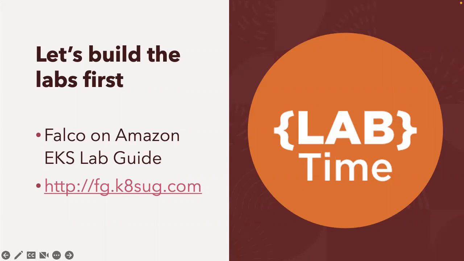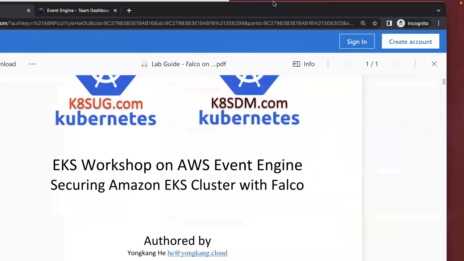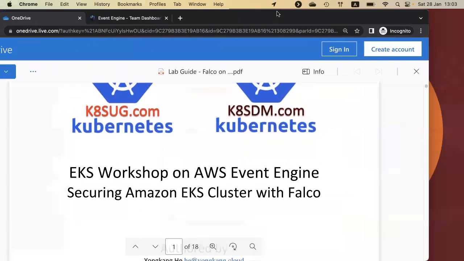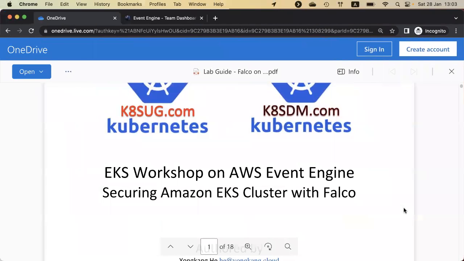First of all, I need to thank my... oh, actually, you can't see it. Let me move this screen here. Let me know if you can open the PDF document. Basically, we'll follow the PDF document to create the EKS cluster before we deploy Falco to the EKS cluster.